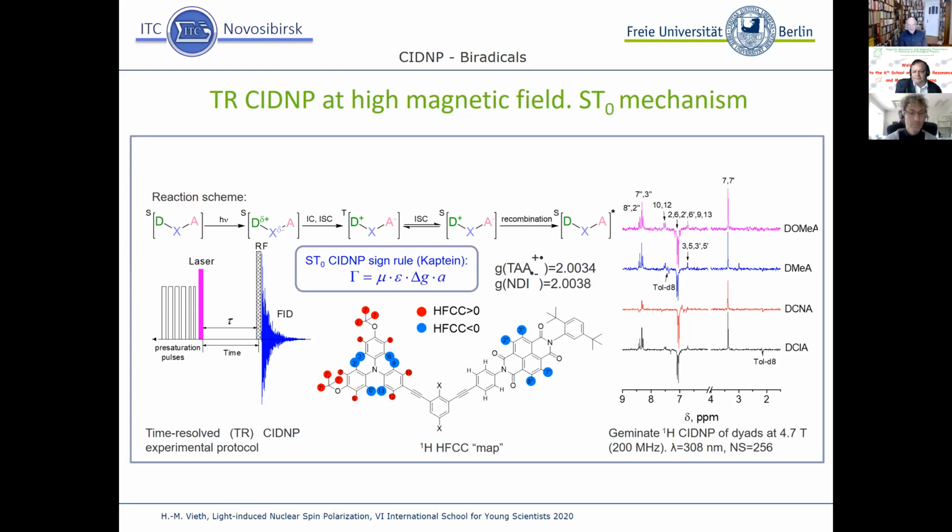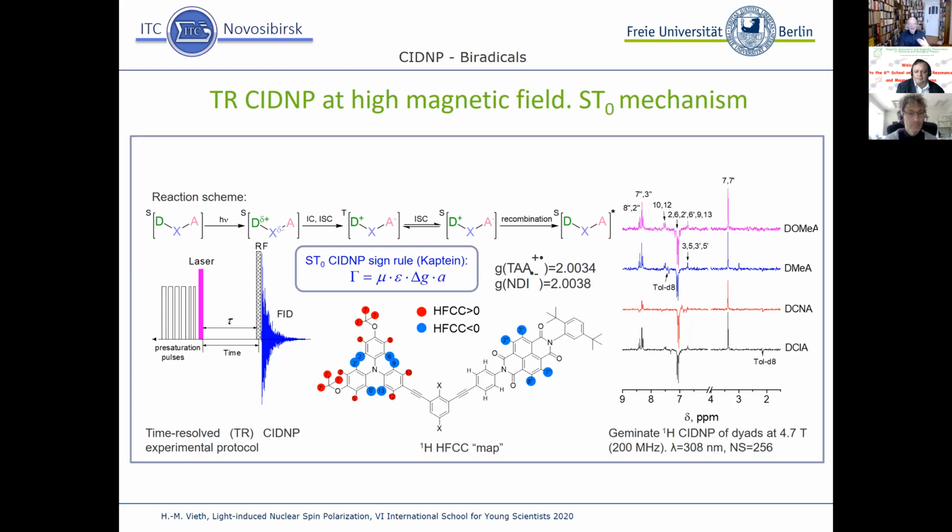In the solid state, as with this ONP, which I started with in the beginning, you can get several elements of your hyperfine tensor. And of course, in principle, if you measure the full orientation dependence in your crystalline system, you can gain at least the principal values of your hyperfine coupling.